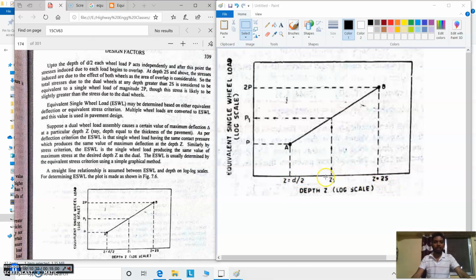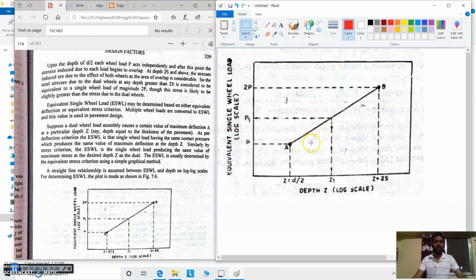So here the deflection is considered at a particular depth z, in between d by 2 and 2s. In between we can determine the deflections caused by a particular wheel load.